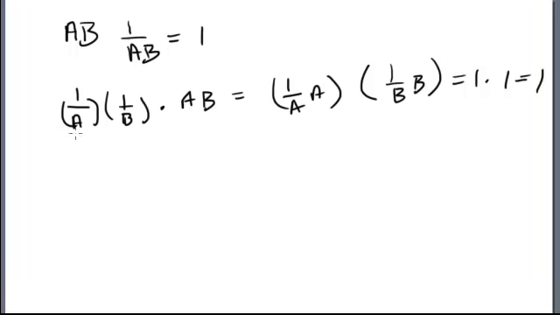So what we've proven is that the multiplicative inverse of A times the multiplicative inverse of B is the multiplicative inverse of A times B. We also have another fact from commutative rings, that multiplicative inverses are unique. So 1 over A times 1 over B is equal to 1 over A times B.